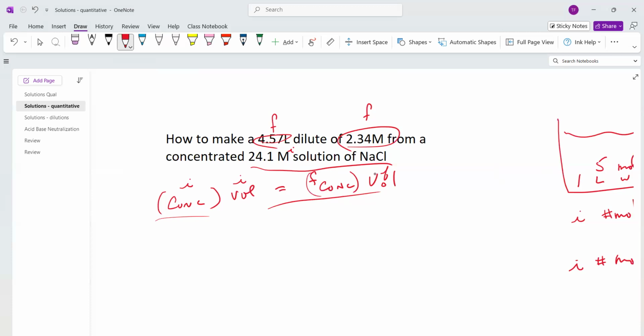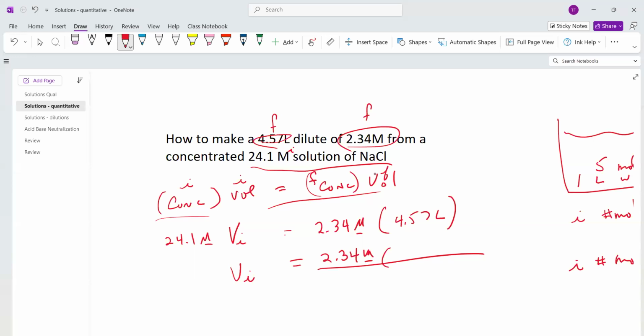So all we do now is solve for the initial volume. Molarities cancel, leaves us with liters.